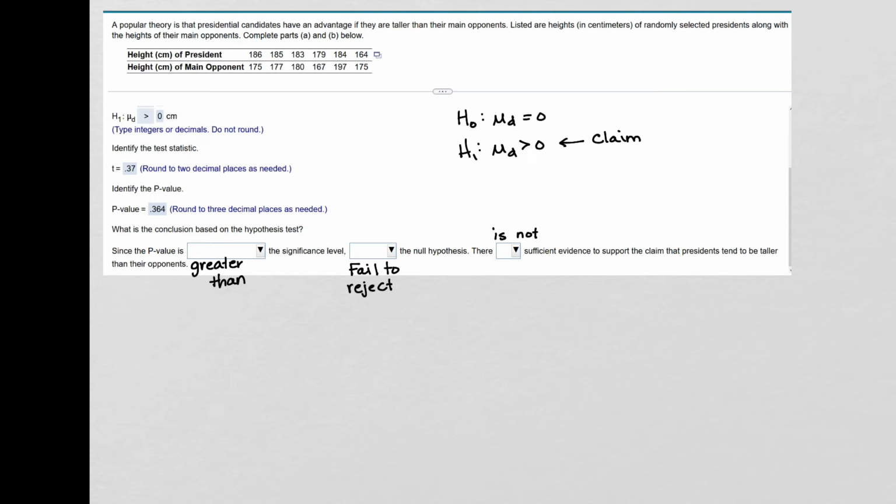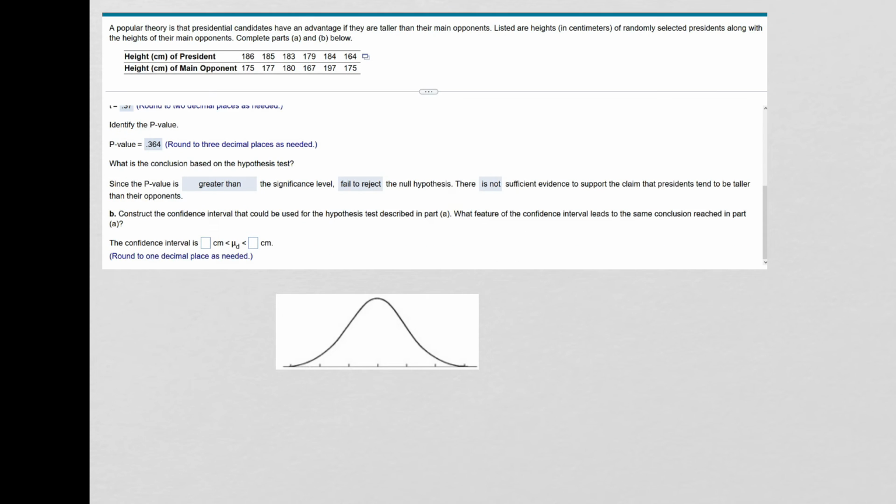But now we want to create a confidence interval. So in part B, it says to construct the confidence interval that could be used for the hypothesis test described in part A. What feature of the confidence interval leads to the same conclusion reached in part A? So, how are we going to find a confidence interval?